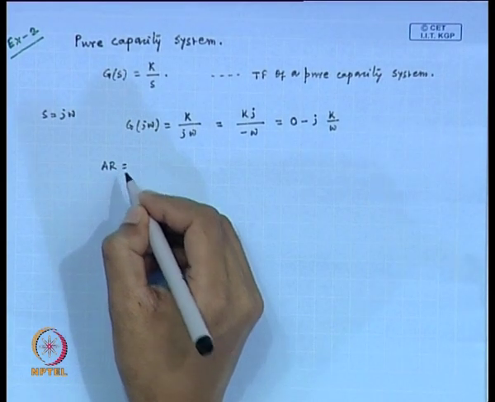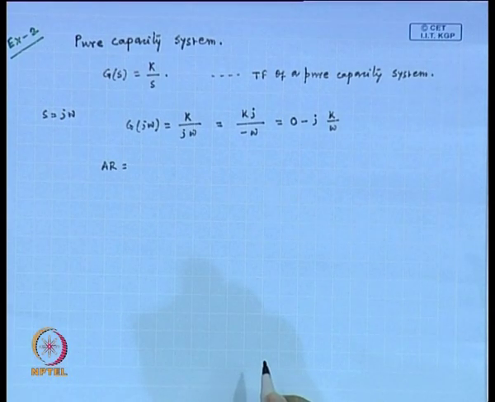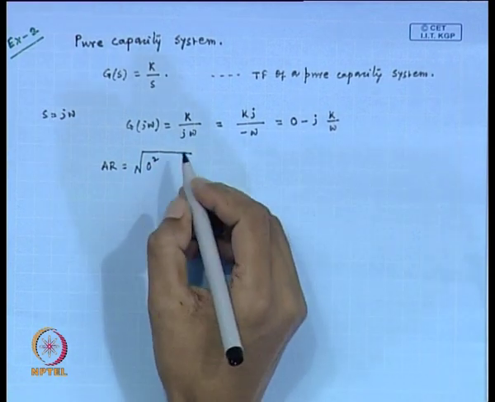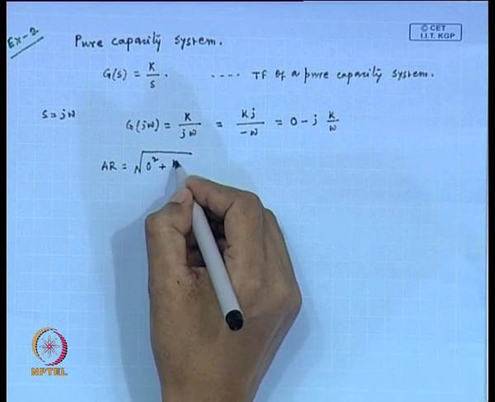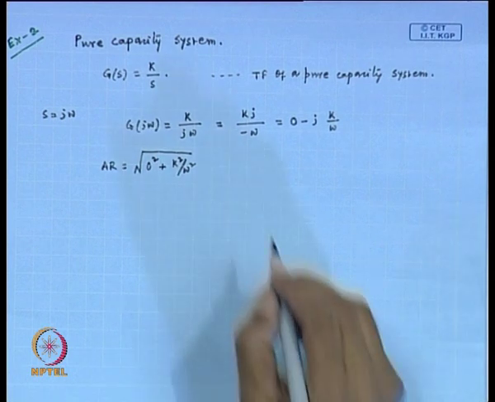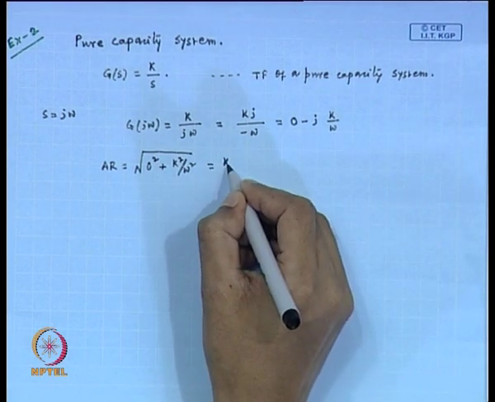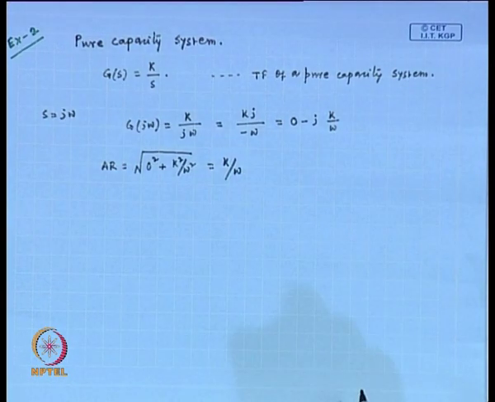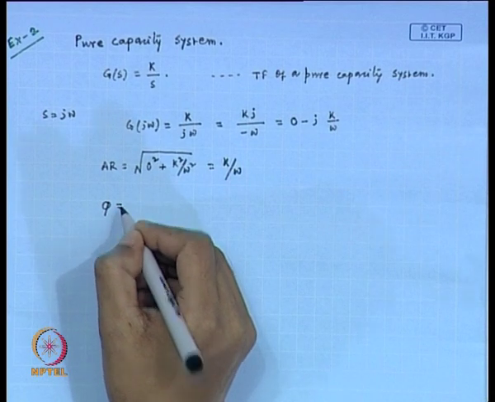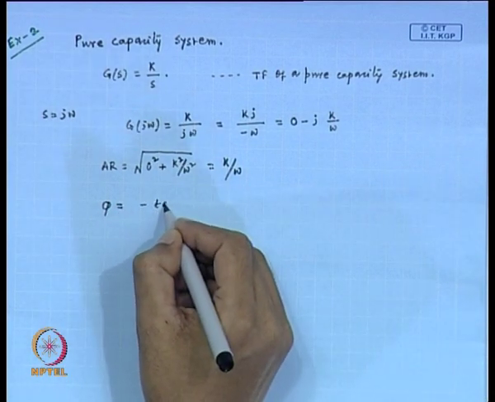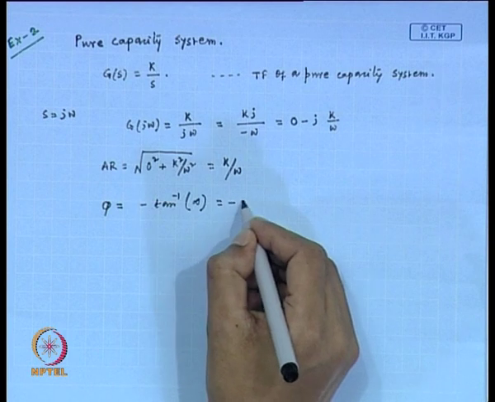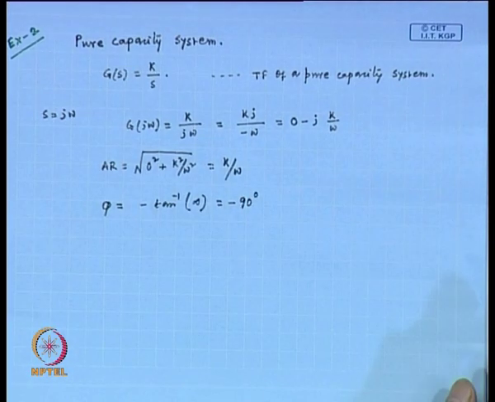So, what is amplitude ratio? Amplitude ratio we can write as the square of 0 and square of k by omega and then square root. So, this is equal to k by omega. How much is phi? Phi is tan inverse minus infinity, minus 90.